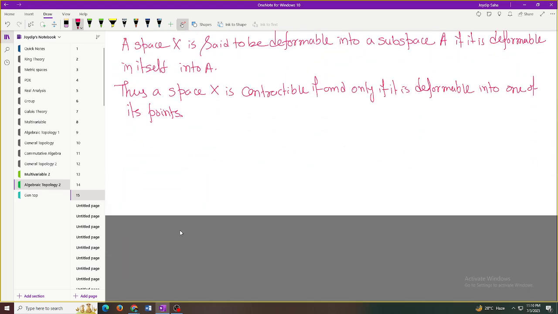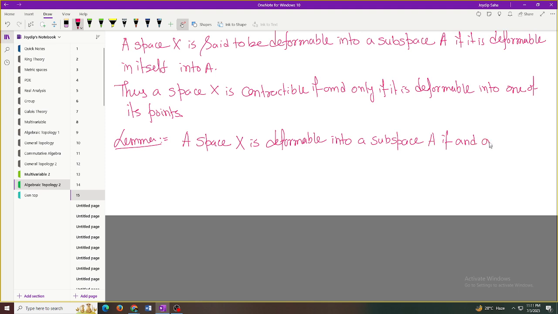Okay. Next, lemma. A space X is deformable into a subspace A if and only if the inclusion map has a right homotopy inverse.